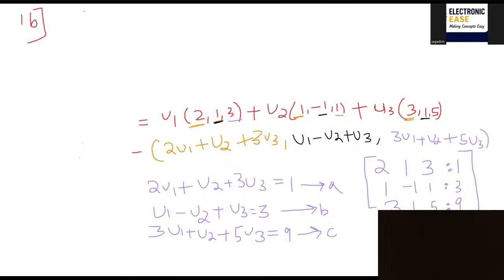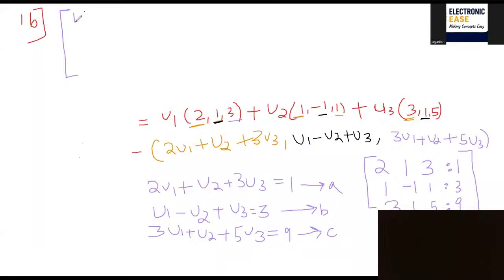I'll first be changing R1 to R2. So just change R1 to R2.